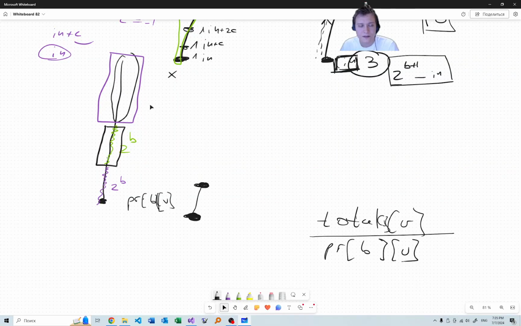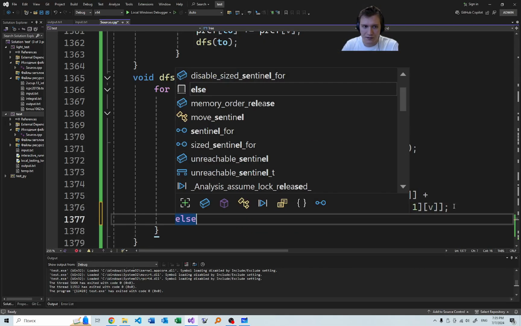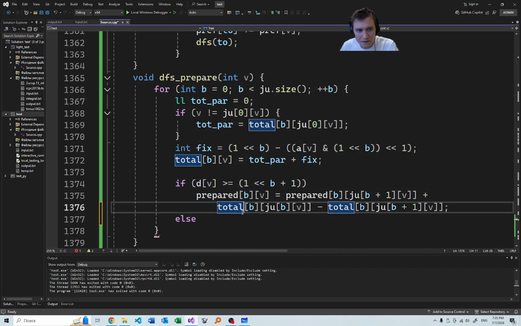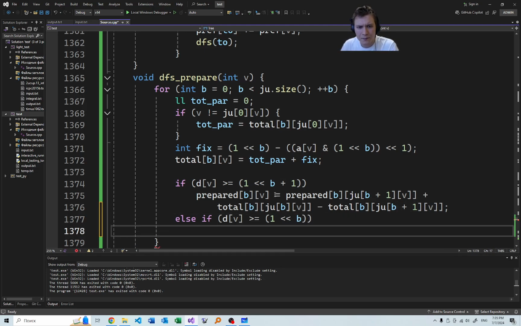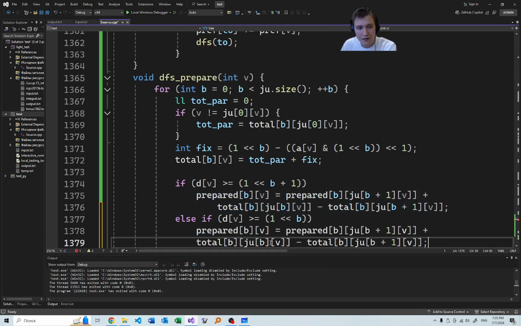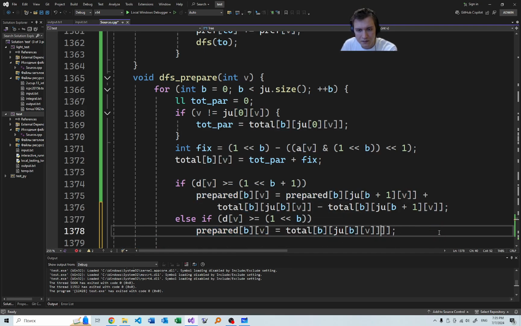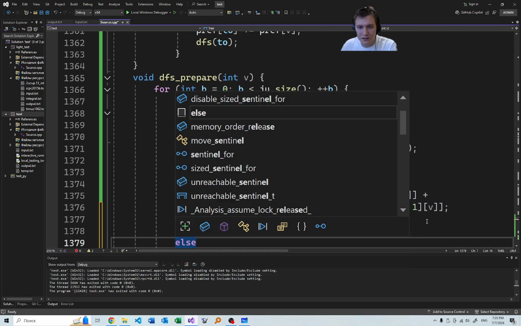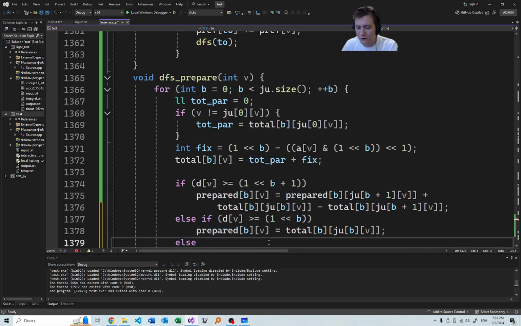Okay, so it's fine. The second case is when this happens and then this is cut somewhere. So else if this is true, then prepared B is just this total, nothing else. Else prepared is 0.